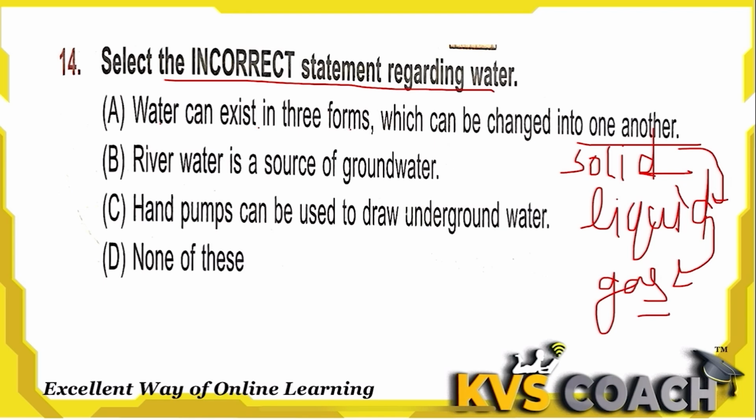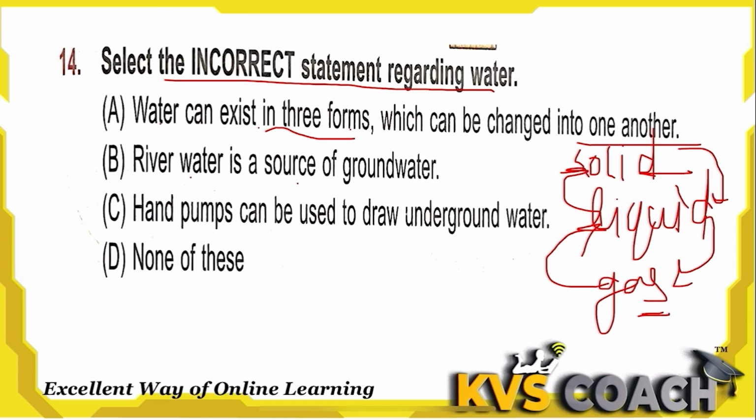When the temperature comes down, the gas changes into liquid again. Water vapor changes into liquid, and when we lower the temperature of the liquid, we make ice, the solid state of water. So water exists in three forms and they all can change into one another.